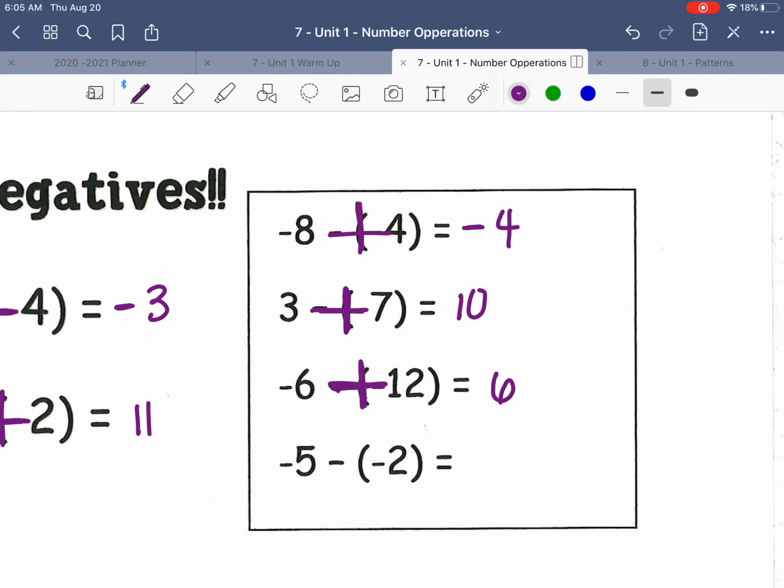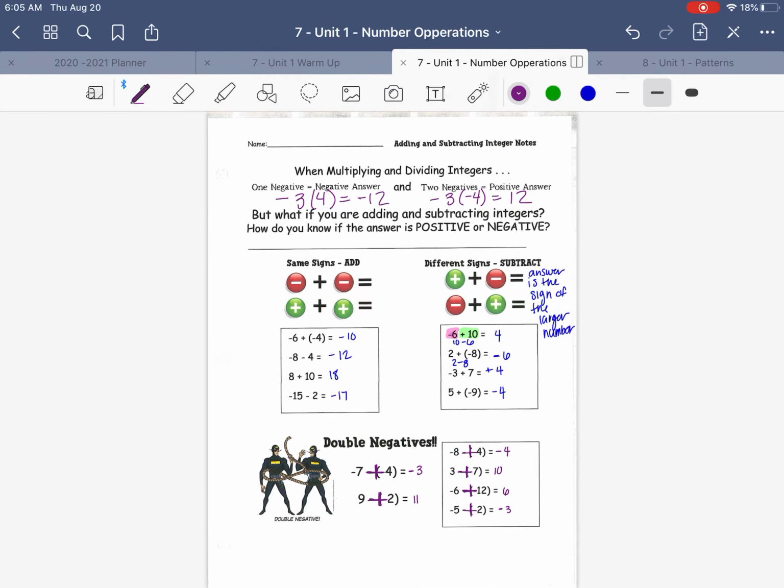Because 12 is the bigger number, so it's going to take the sign of the larger number. And then 5 plus 2, it's going to be -3. Okay? Awesome.